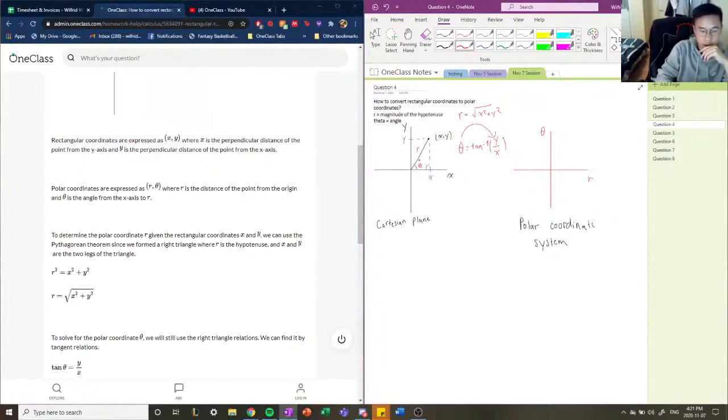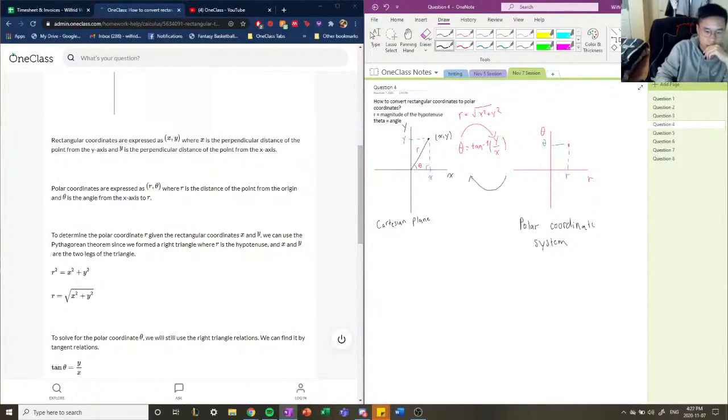So now we can convert these xy coordinates into our new polar coordinate system, where this is theta and this is r. And that's how you convert to polar coordinates. If you want to convert it back, it's very simple.